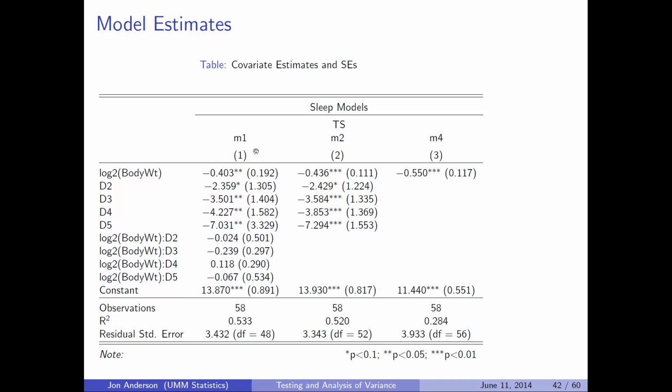In model M1, though, we do have both separate intercepts for the danger groupings and separate slopes for every danger group. Remember that these interaction terms are measuring change in slope from danger group 1, which has this slope of negative 0.403.